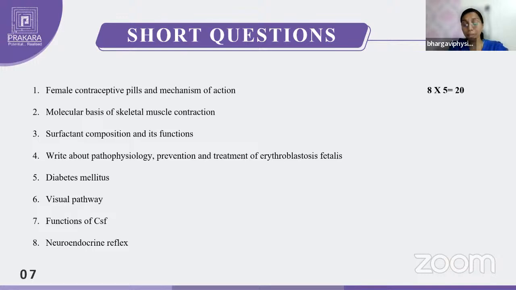The next is the sixth one, visual pathway. So when it comes to the visual pathway, you have to draw the diagram and make the flowchart also. In the flowchart, you have to show the right and left eye, nasal part, temporal part, and crossing of the nasal fibers and temporal fibers.